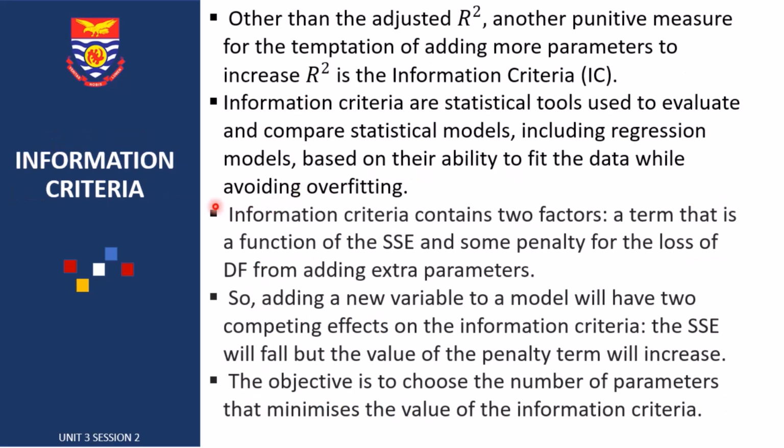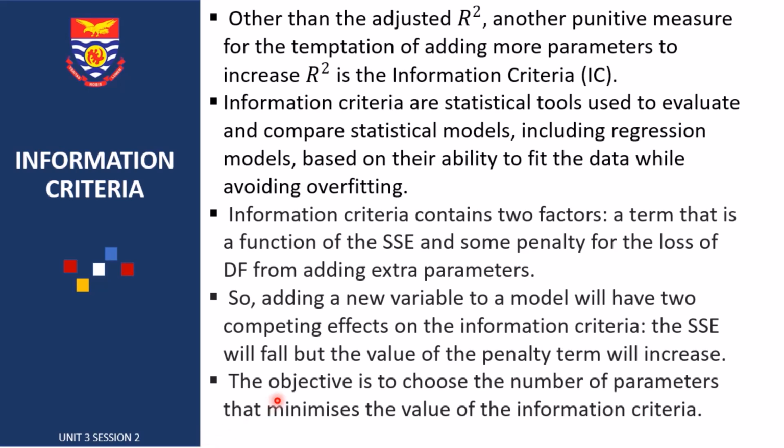So other than the adjusted R-square, another primitive measure against the temptation of adding more parameters to increase the R-square is the information criteria. Information criteria are statistical tools that are used to evaluate and compare statistical models, including regression models, based on their ability to fit the data while avoiding overfitting.